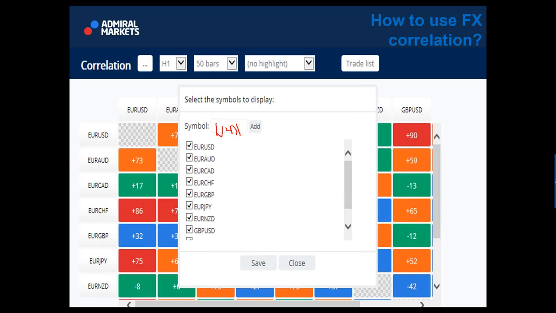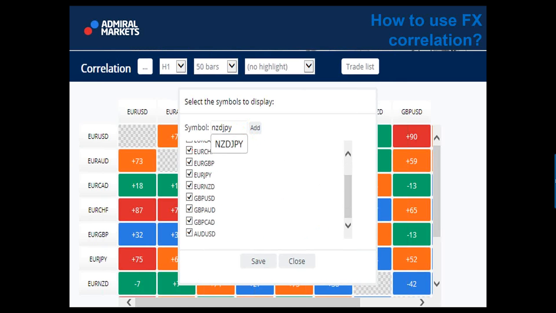You just type New Zealand yen and you click add. Instantly, New Zealand yen will be added here to the bottom. And you just need to click save. Okay? And look at this. I typed New Zealand yen, I clicked save, and it went here below the last pair. Okay?